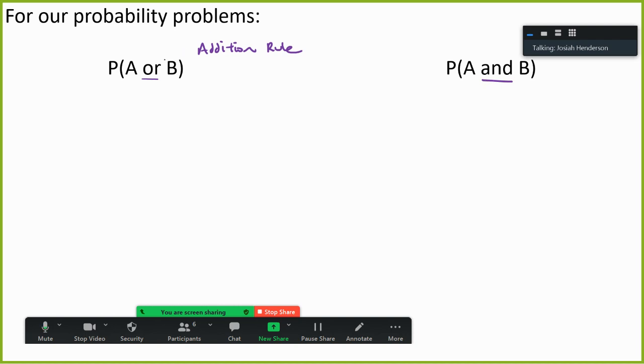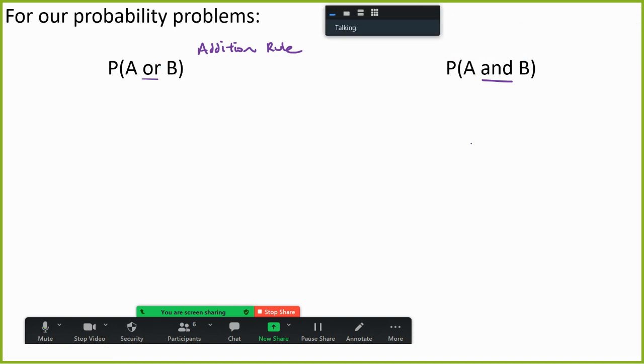Last week was one or the other, or. So these use one of our multiplication rules. So let's go back to the left again. Probability of A or B, addition rules. We had 2 different versions, mutually exclusive or non-mutually exclusive.